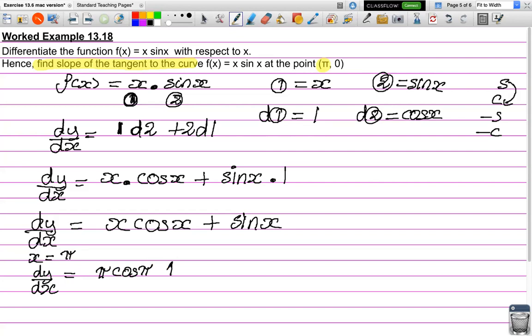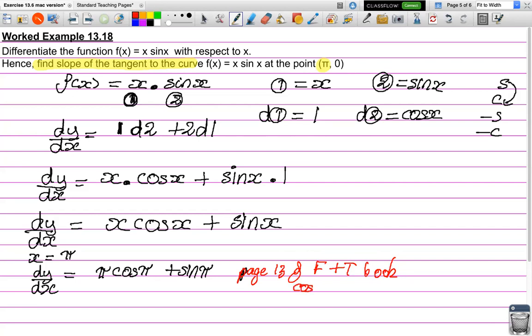So we now do that. And now what I need to do is use my calculator or turn to page 13 of the Formulas and Tables book to find out what cos of pi is.